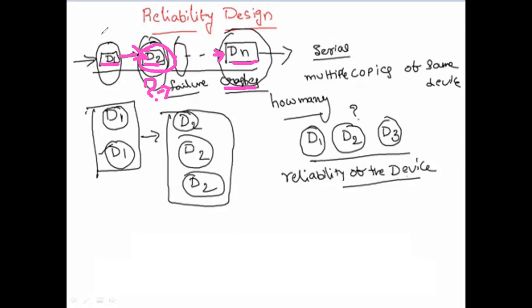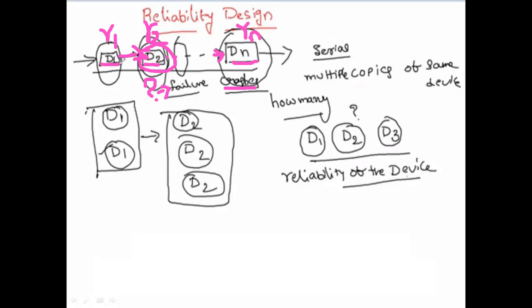For each device we have to calculate the reliability: for device D1 the reliability R1, for device D2 the reliability R2, and for device Dn the reliability Rn. So what happens?